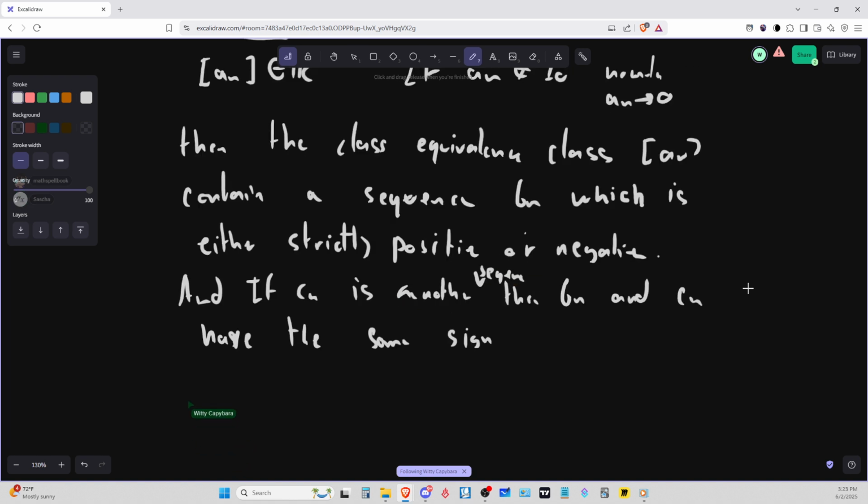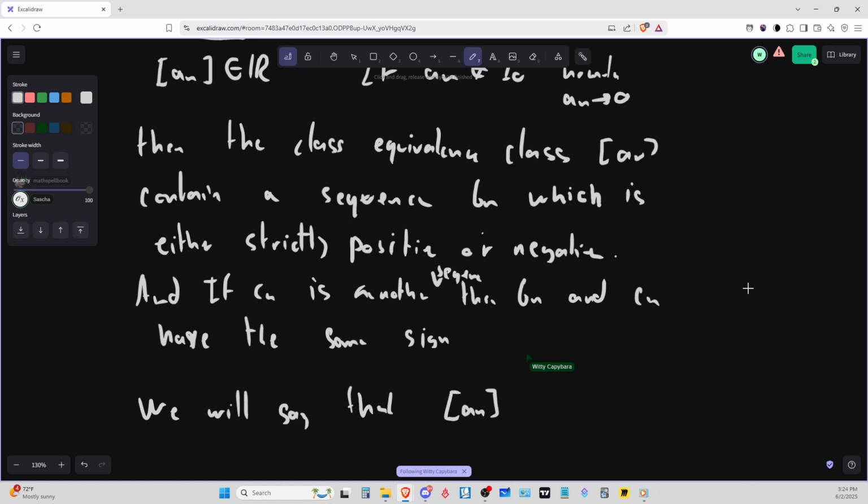And from now on, we will say, so Bn and Cn are Cauchy sequences which are equivalent to An. So the difference between An and Bn is 0, and the difference between An and Cn is also a sequence converging to 0.